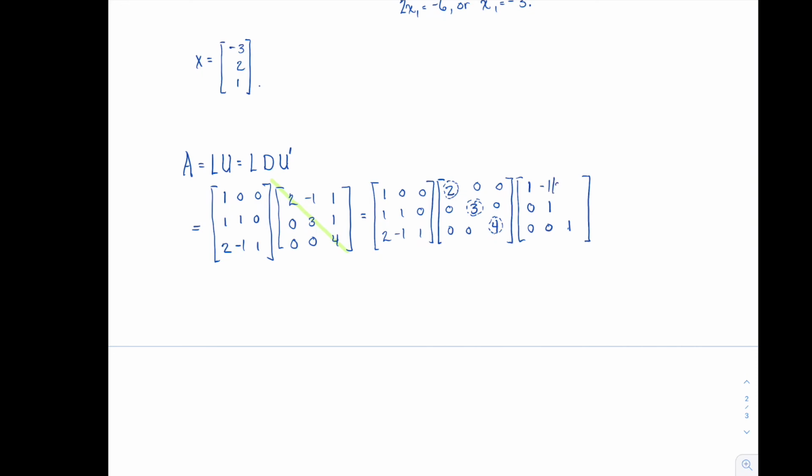So the first row now becomes 1, minus 1/2, 1/2. And then the second row becomes 0, 1, 1/3. And then the third row becomes 0, 0, 1. And that's it. And so this is how you can make it diagonal.